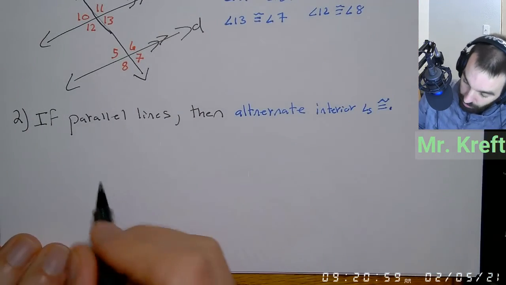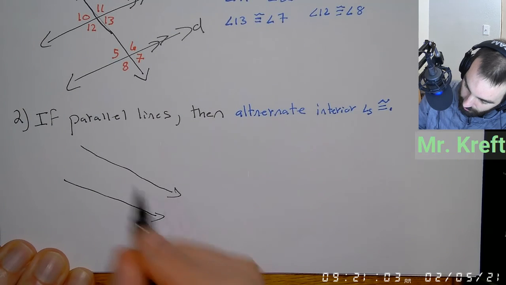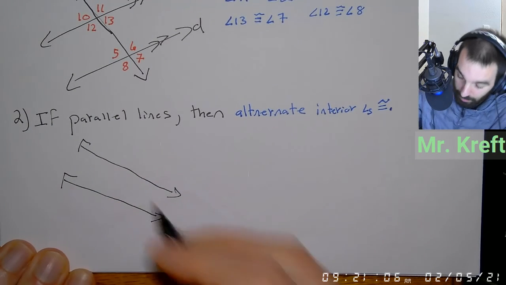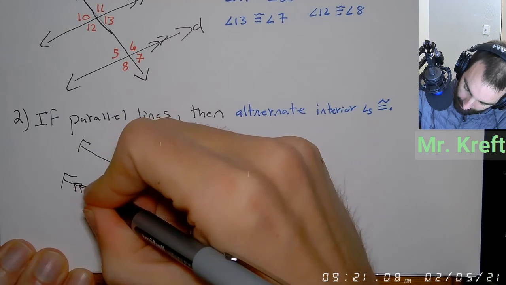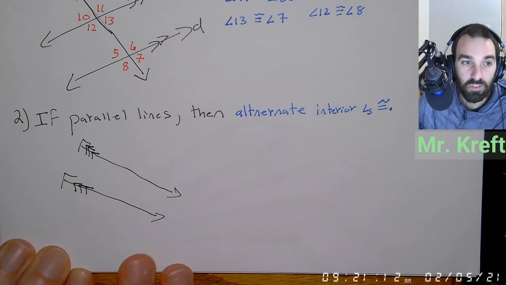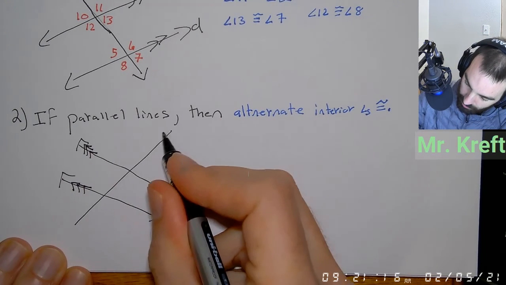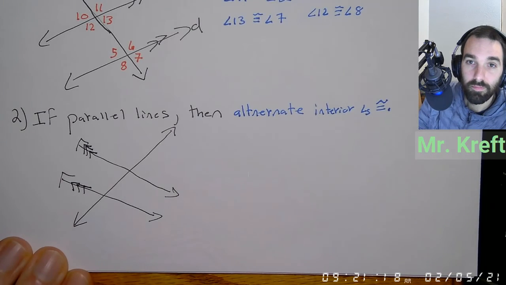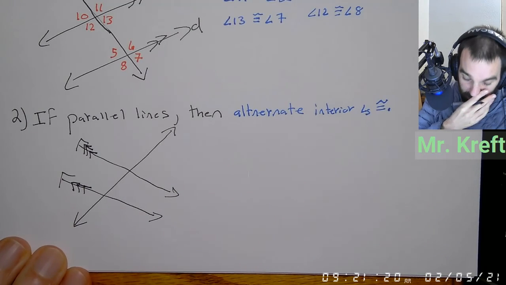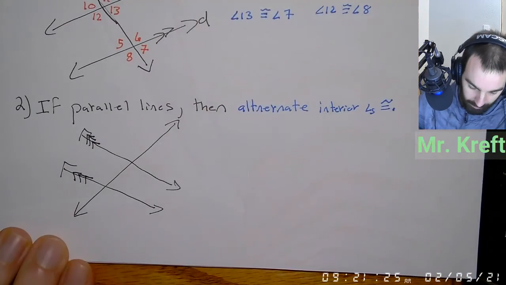So let's go ahead and draw a picture. So I'm just going to switch up what my parallel lines look like. They're not parallel yet, right? So I'm going to add, in this case, 3 arrows just to get you guys used to seeing different symbols. Okay, I'm going to draw a transversal. And I'm going to add in some angle numbers.